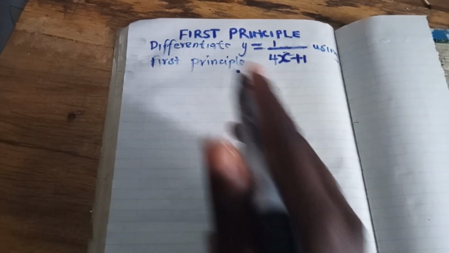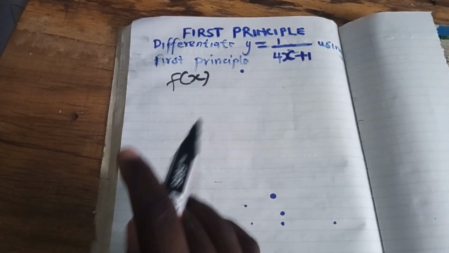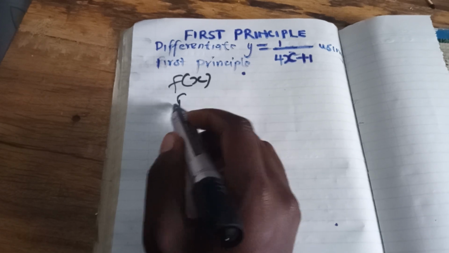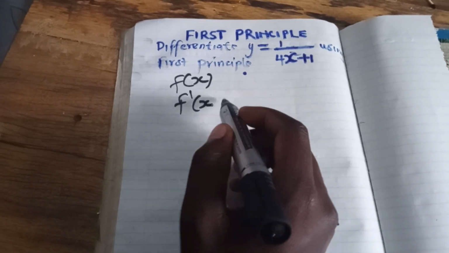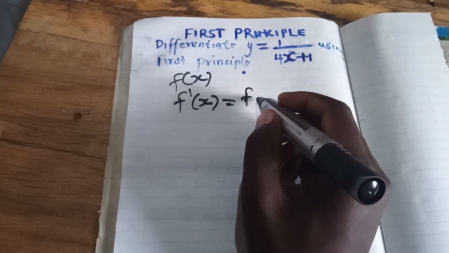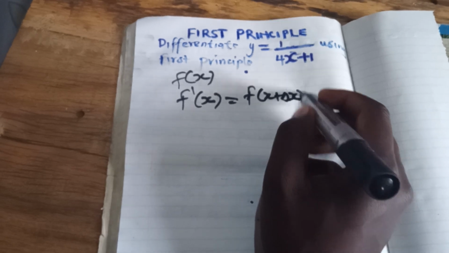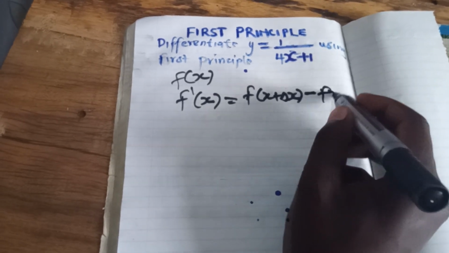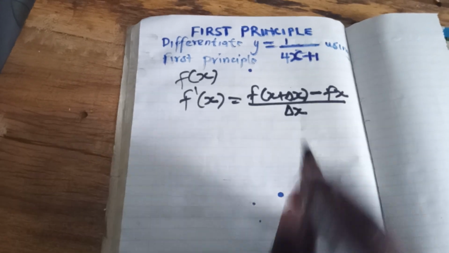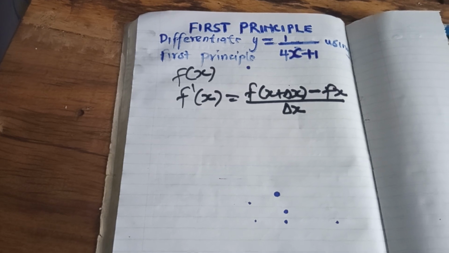Given the function f of x, when we differentiate f of x, we have f prime of x equals f of x plus change in x, minus f of x, all divided by change in x. That is the formula that guides us using the first principle.